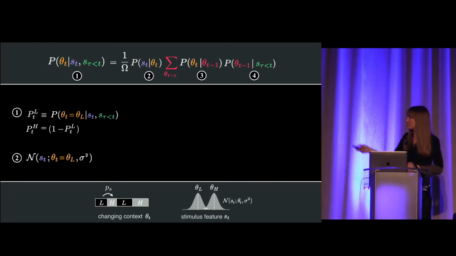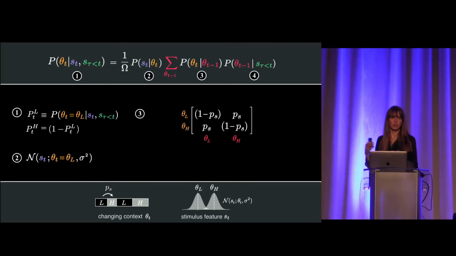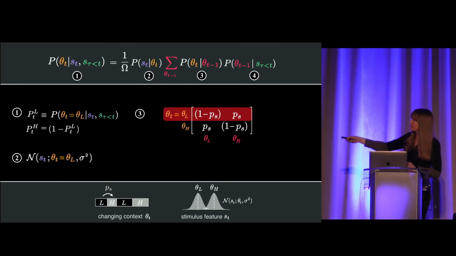Now moving on to this third term. This is that 2 by 2 matrix that we worked out earlier. The transition probability of switching from high to low or low to high or staying within the same context. And again, we want to focus on this top row of the matrix when theta t is equal to theta L. And now if we multiply this by this fourth term, this again is the same distribution as the one we're looking for, but one time step in the past.